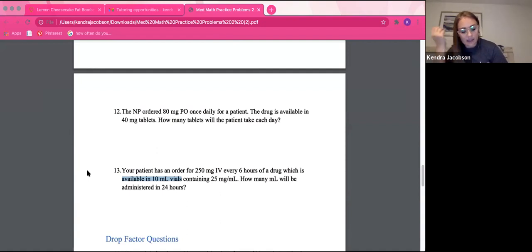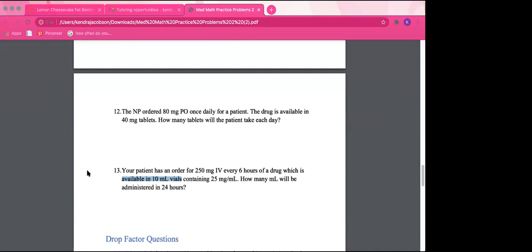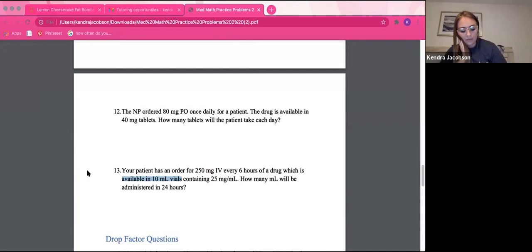Does anyone want to take a guess at what I'm going to write down next? 250 milligrams over a day. Yep. And then within that one day, I have 4 doses.